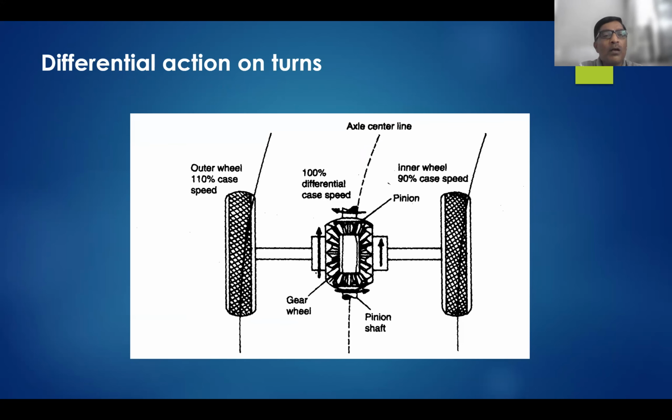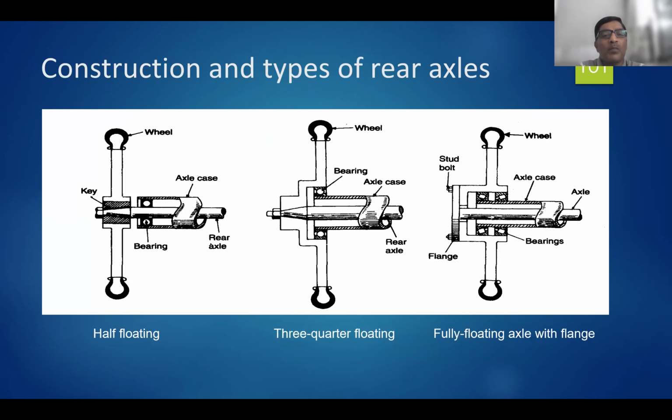So this is differential action on the turn, that we have seen how relative speed is maintained. So one wheel RPM is going to be decreased, and whatever decrease will be added into the outer wheel, as it has to cover more distance as compared to the inner side wheel.